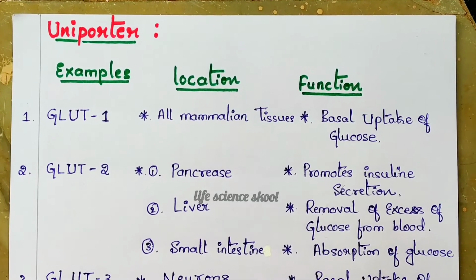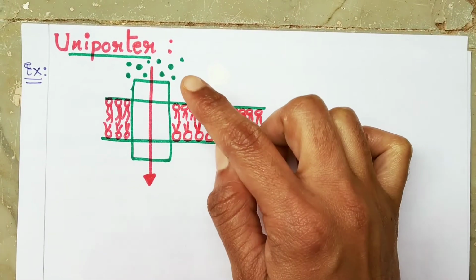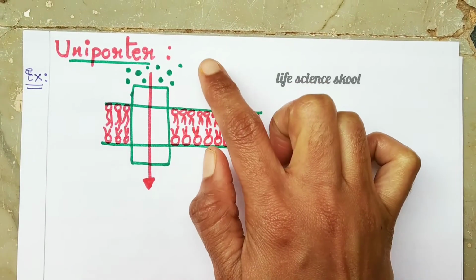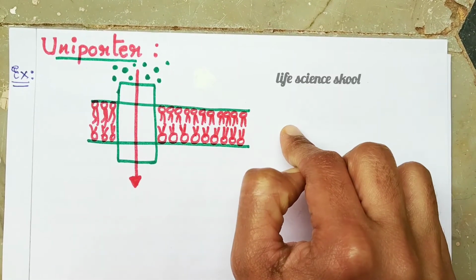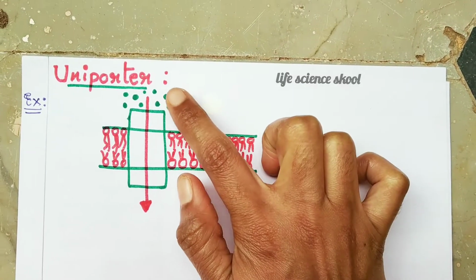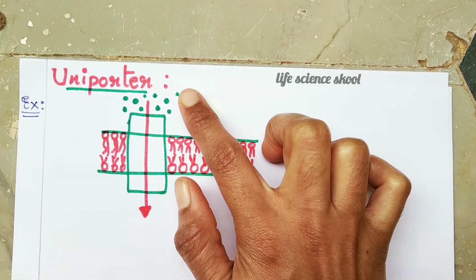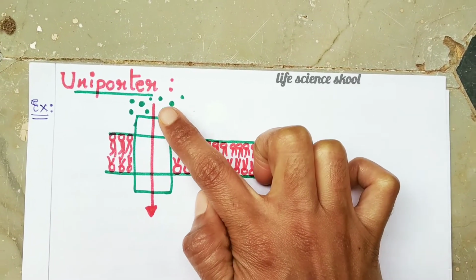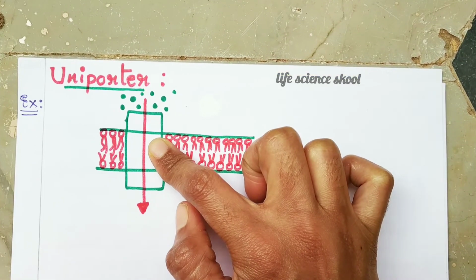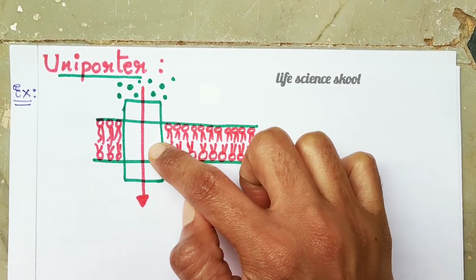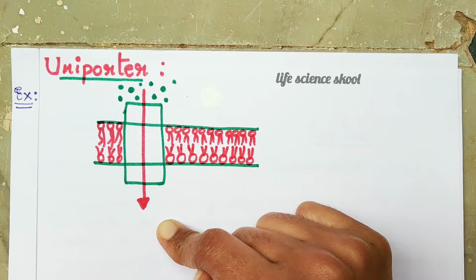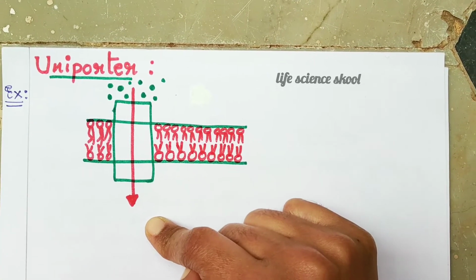As you can see in the diagram, this is how the ions move from higher concentration to lower concentration across a plasma membrane in only one direction. That's why it is called a uniporter.